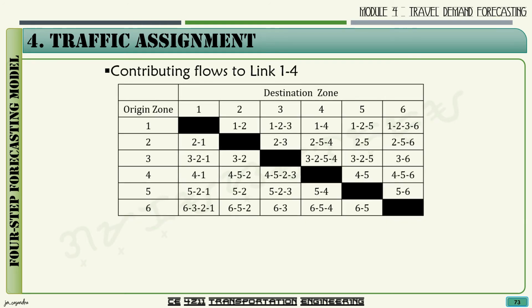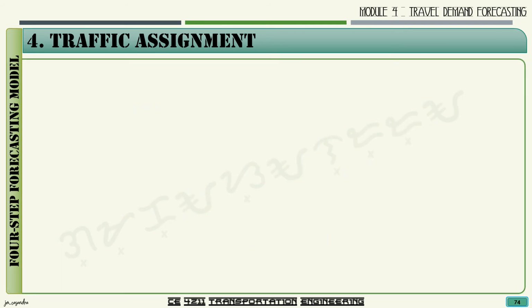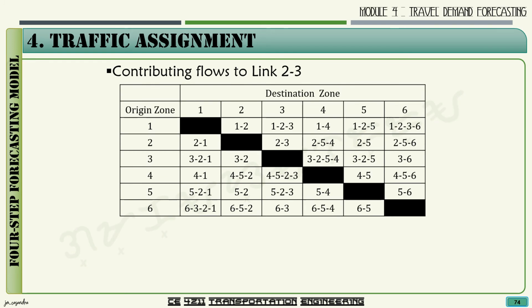Next we have link 1, 4. I identify which of the flows would contribute to this shortest link. Basically we have 1, 4 and 4, 1. There is no other link that has 1, 4, so the only links that contribute are 1, 4 and 4, 1. The next link is 2, 3.